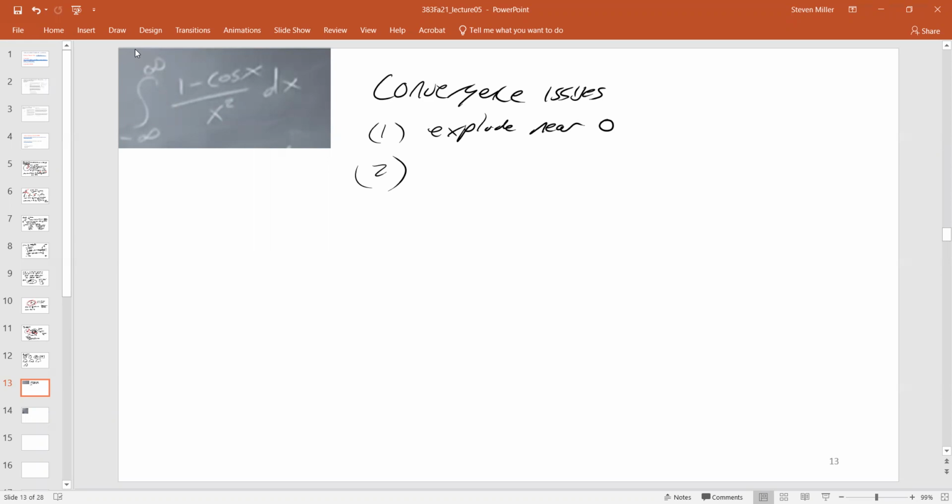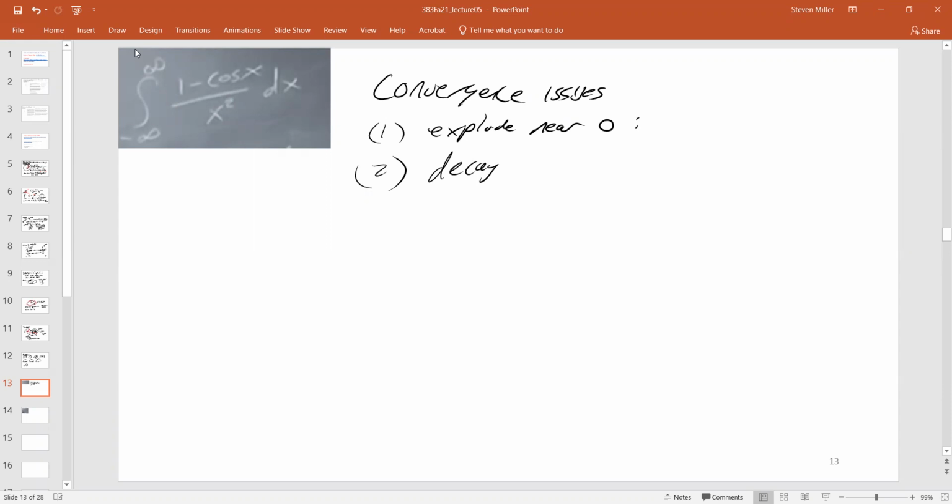So if I want it to converge, it's not enough that it doesn't explode everywhere. Okay, but we're looking at this. There's only one point where it explodes. So as long as it doesn't explode, I need one more thing for the integral to be finite. I need some kind of decay. So as long as I have some kind of decay, we're okay.